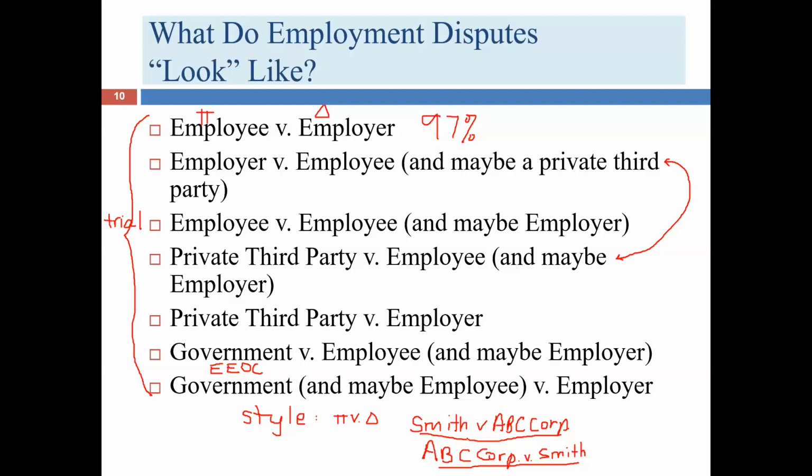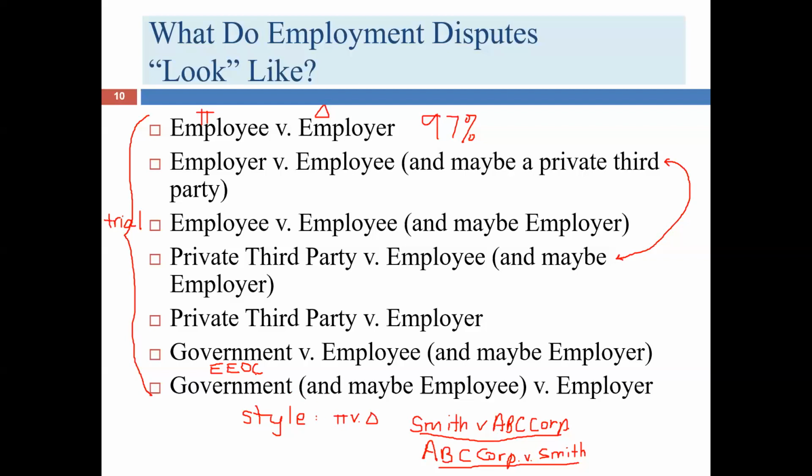And the EEOC in those situations has the option, rarely takes advantage of the option, but it does have the option of saying, Bob, we're going to represent you. Instead of you representing yourself, we're going to take over this case and we're going to sue on your behalf. And we're going to sue your former employer. So that would be a situation. The EEOC can do that.